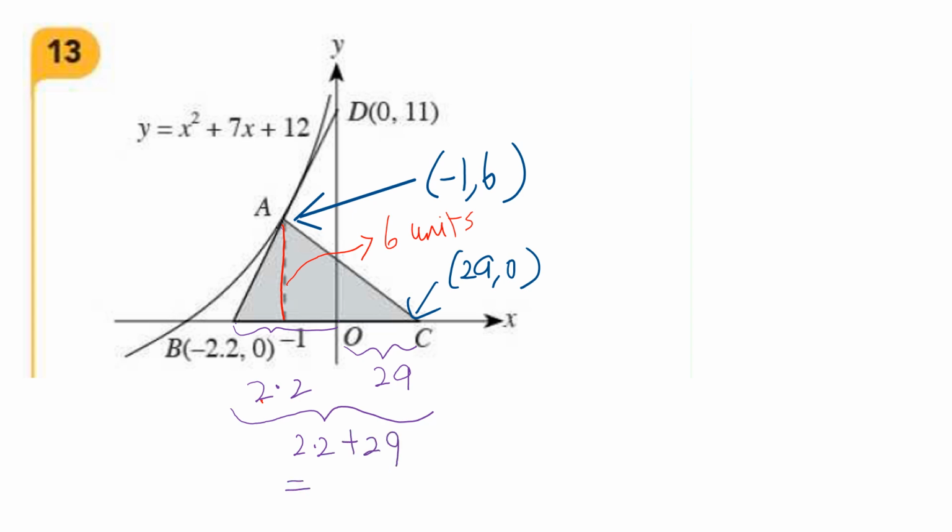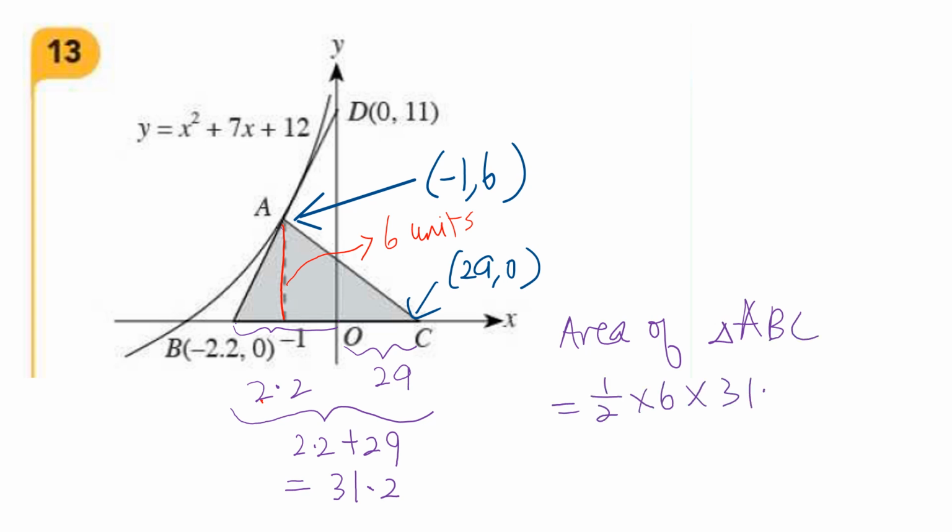That gives you 31.2. Right, so therefore the area of triangle ABC will just basically be half times 6 times 31.2, which gives you 93.6 units squared.